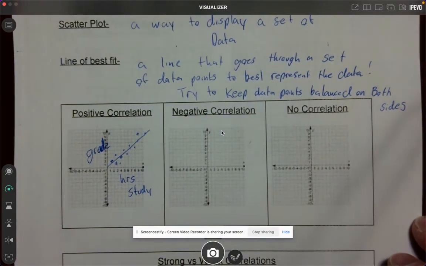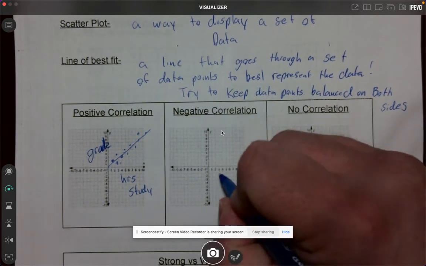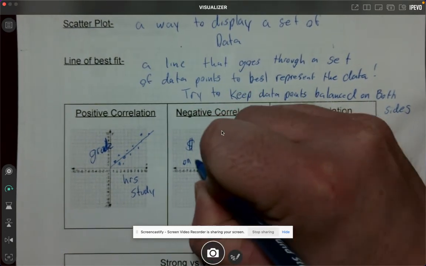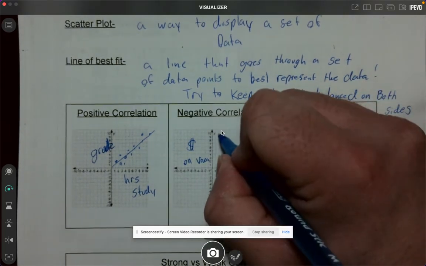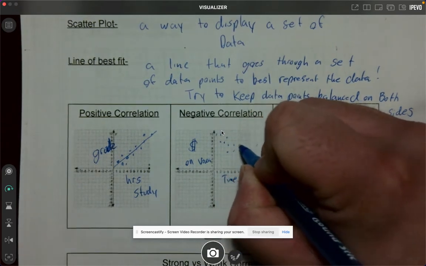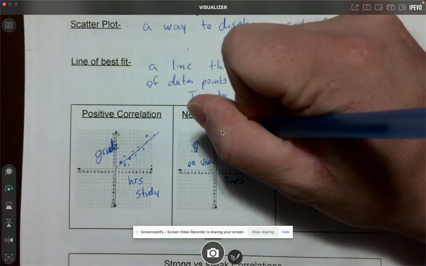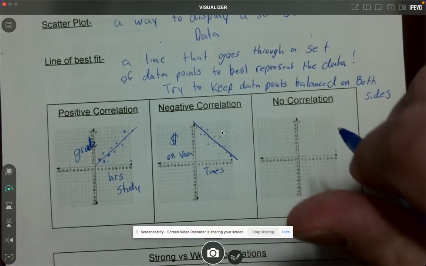So, how about a negative correlation? Trying to think off the top of my head what would be a negative correlation. Maybe your bank account over time while you're on vacation. So this would be time, and this would be your money on vacation. So maybe it goes like this, and then it comes down. You take multiple withdrawals in a day, and you can see that you had a good vacation, and you have a negative correlation like that.